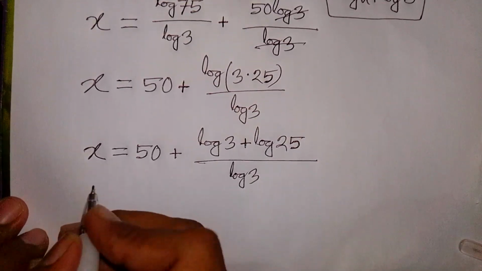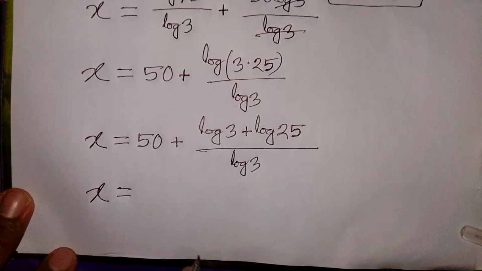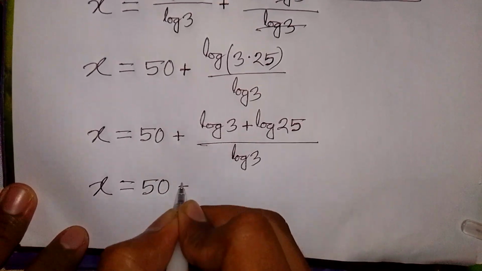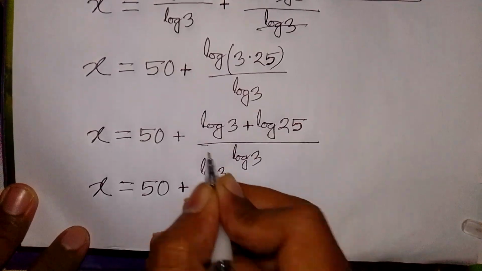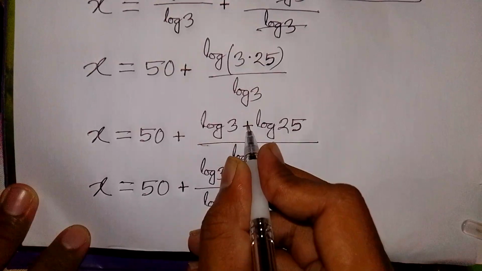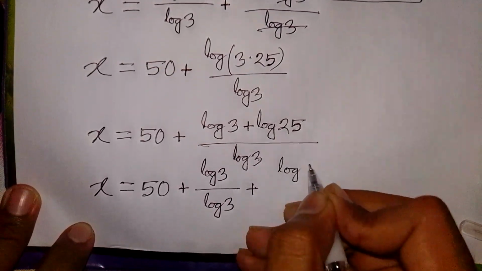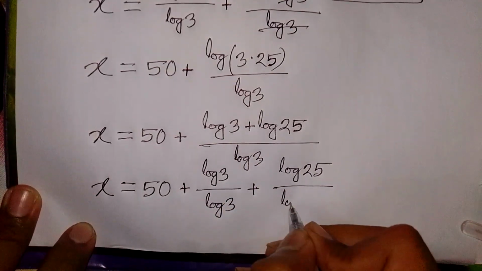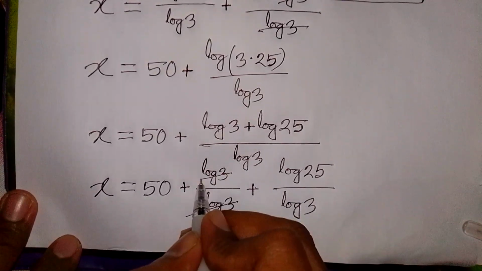Now we have x is equal to 50 plus log 3 over log 3, then here plus log 25 over log 3. Now we see this log 3 will be cancelled.